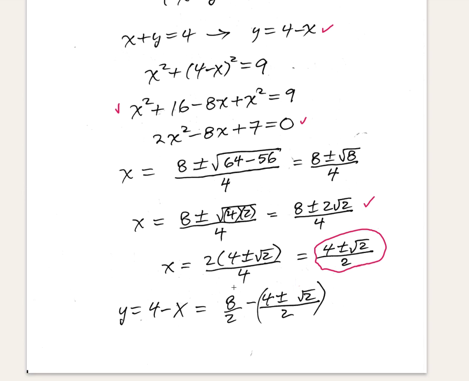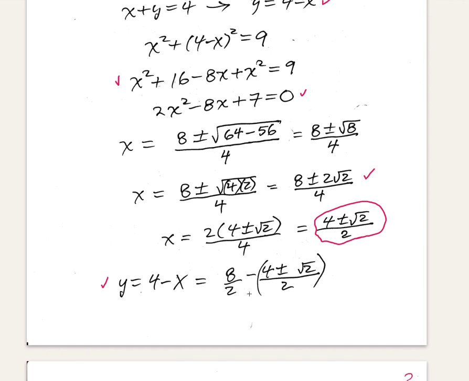Now, remember that we need the corresponding values of y here. y is always 4 minus x. Now, I'm doing this in a shorthand way, so I'm not writing them separately. I'm just going to go 4, which is actually 8 halves, minus (4 plus or minus the square root of 2) over 2.